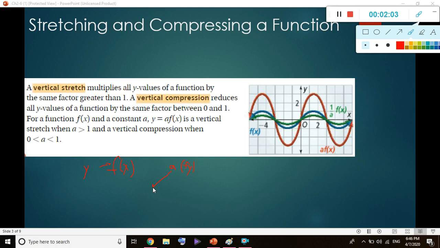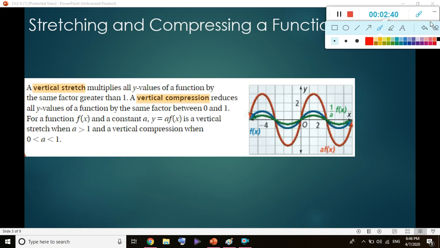If a is greater than 1, it's going to be a vertical stretch. We're stretching it because it's greater than 1. If a is between 0 and 1, like 0.5, 0.3, 0.2, it will be a vertical compression. So for a vertical stretch, the a is greater than 1, and for a vertical compression, the a is between 0 and 1.